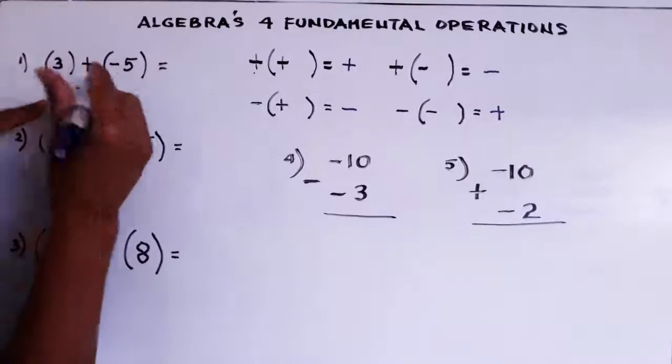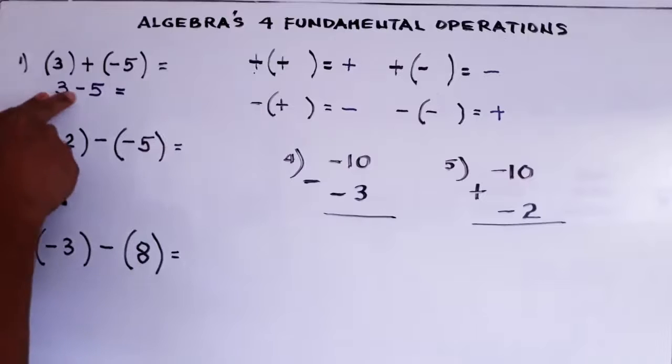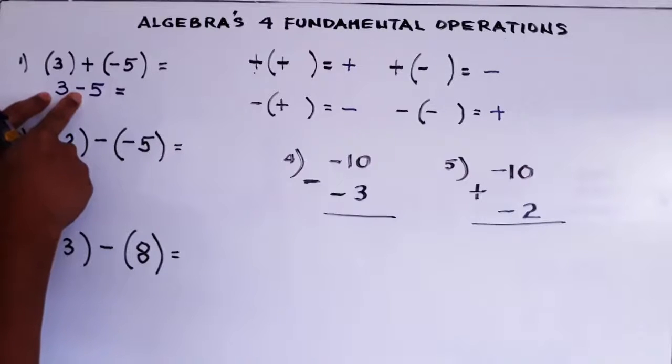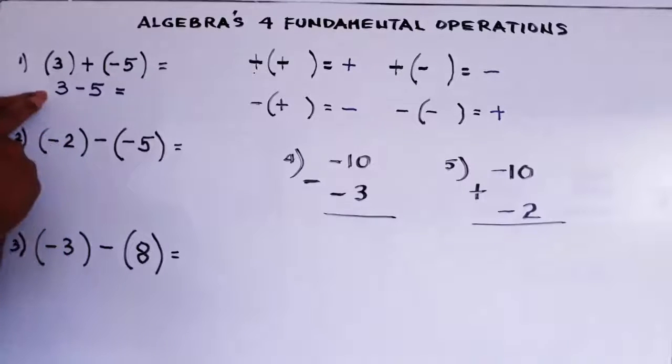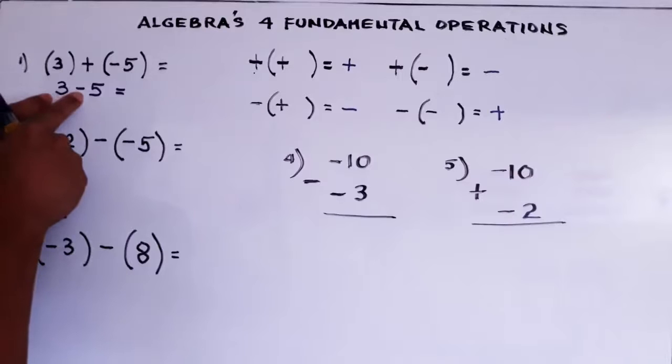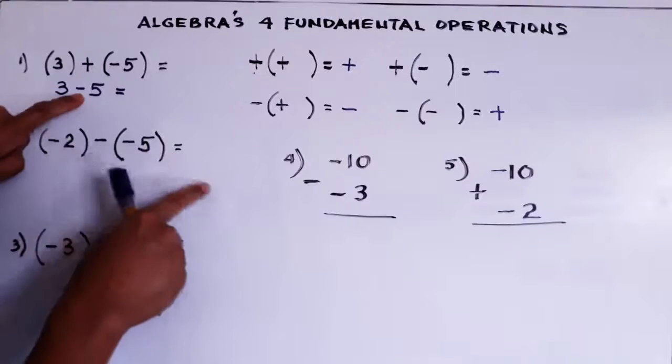Now here, what will you do? What is the sign of 3? Positive. That is the first one. And don't mind the sign of this one. This one is positive. It means that it won't care about the sign of this one. So what will be the sign here? It's not the final answer. What will you do here? This will not change. It means it's a minus.